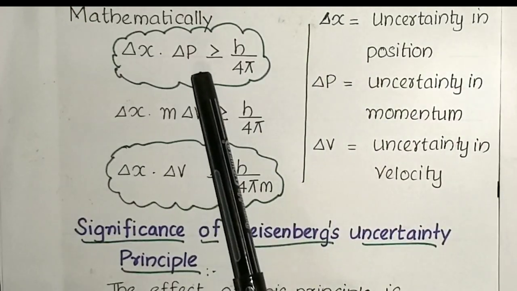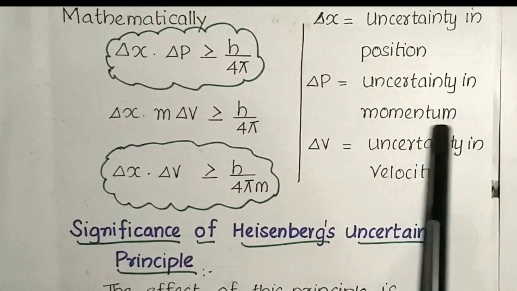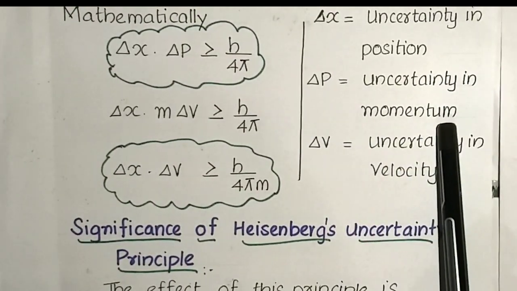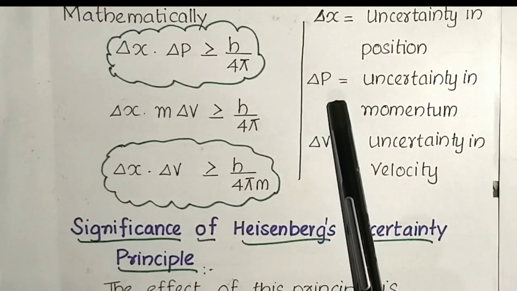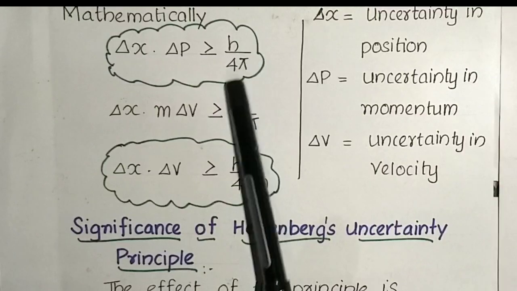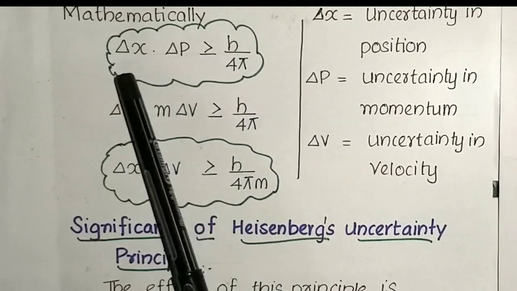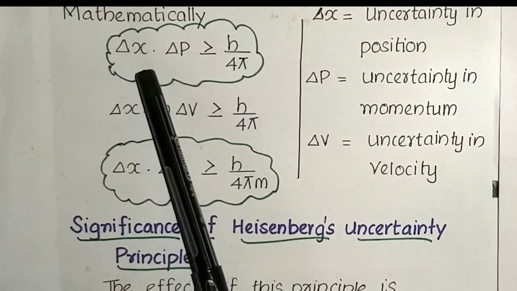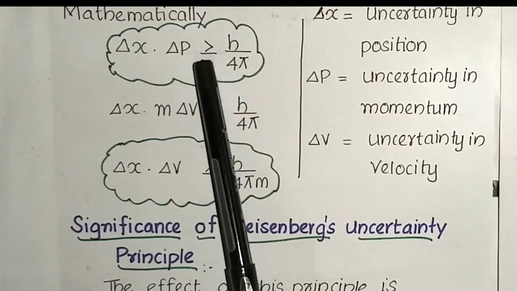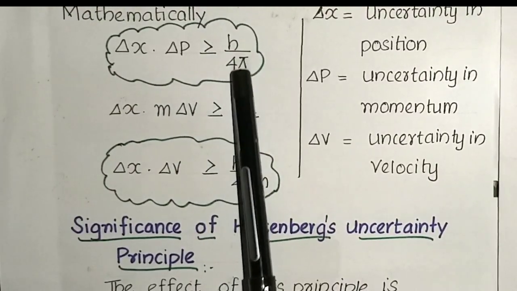Delta p is the uncertainty in momentum, meaning the error in the calculation of momentum. The product of these two uncertainties is greater than or equal to h by 4 pi.